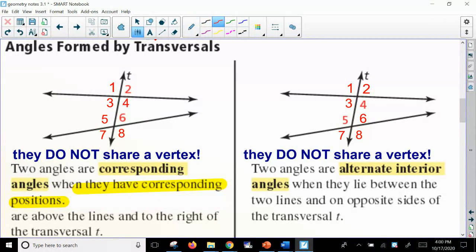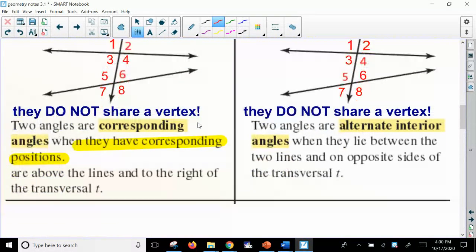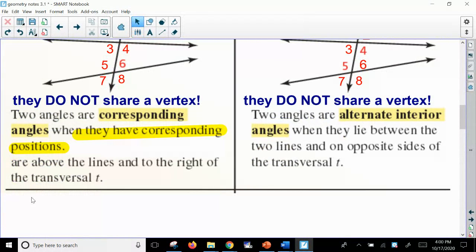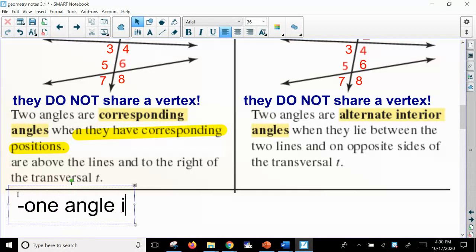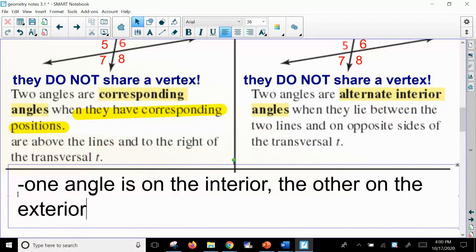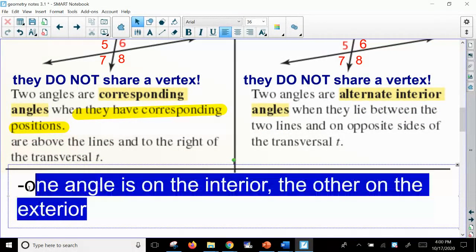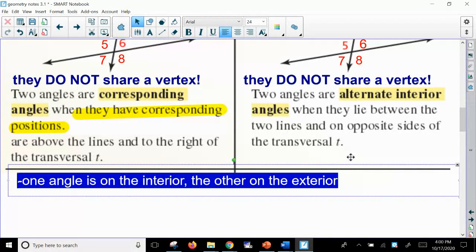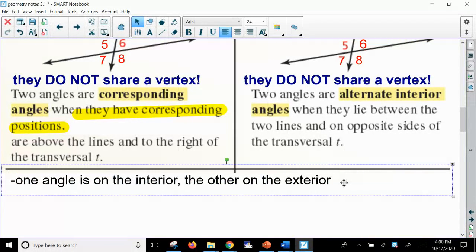Well, I'm going to give you more information also. Not only do they have corresponding positions, one angle is going to be on the interior, the other on the exterior. So one angle will be interior, the other will be exterior.